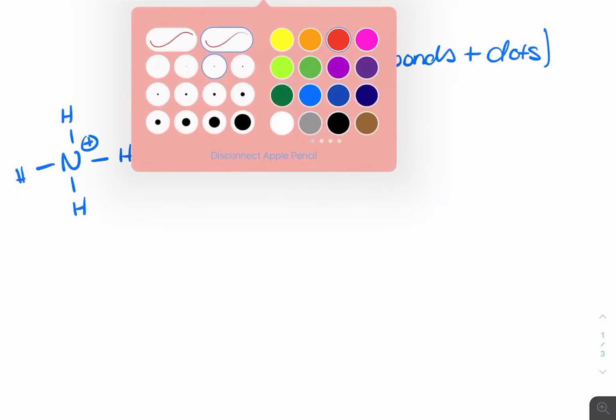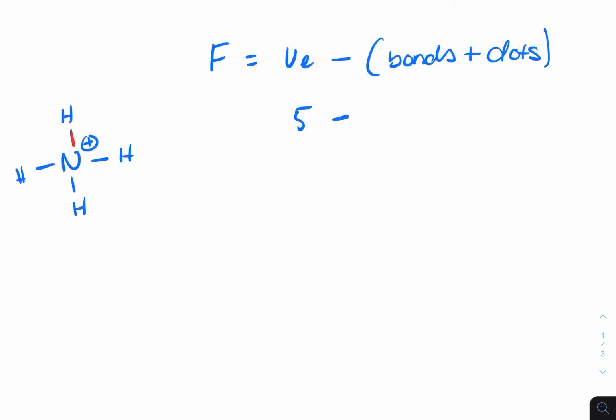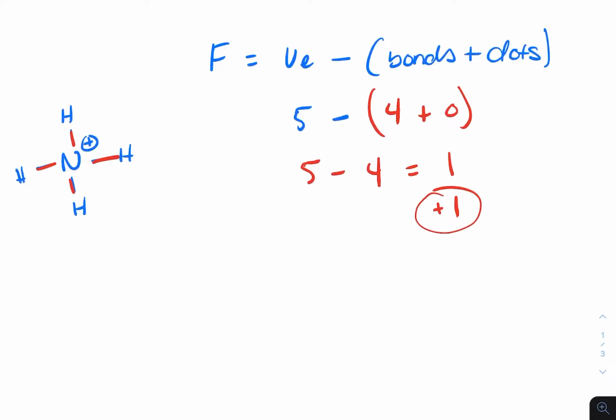Now there are 1, 2, 3, 4 bonds plus 0 dots. So it's 5 minus 4, which is equal to 1, or in this case plus 1. So that's why nitrogen has a +1 charge.